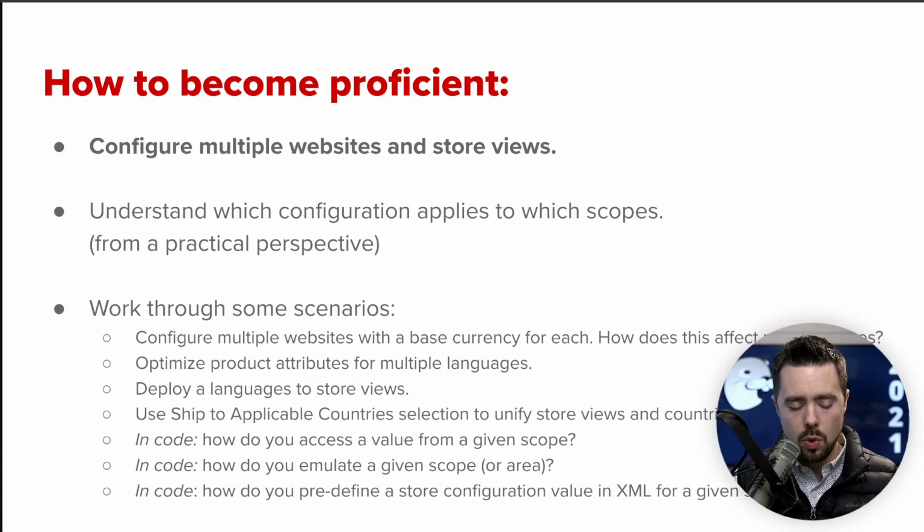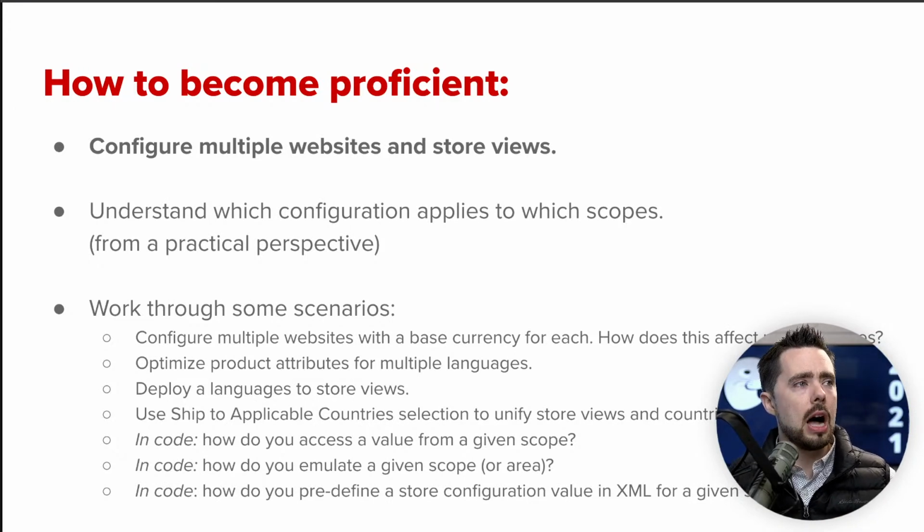So we would have the store view, and then we can set the ship to applicable countries in this shipment configuration. We would set that to the list of countries that are applicable for that store view or those store views, and then we're essentially linking those together. So ship to applicable countries is very important to remember.